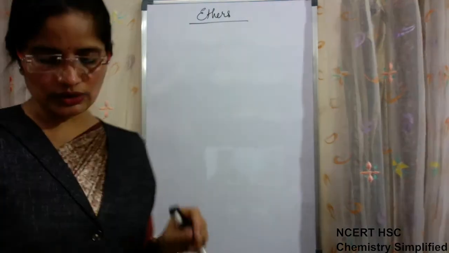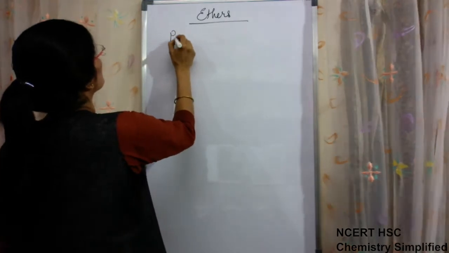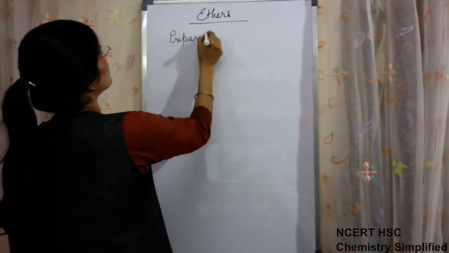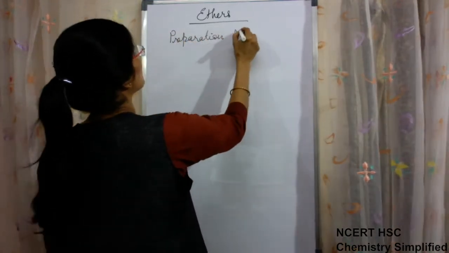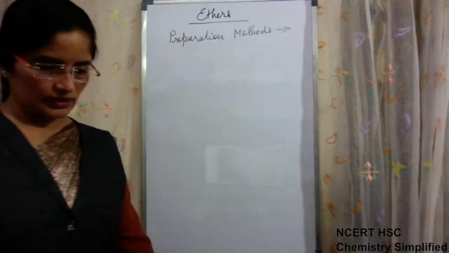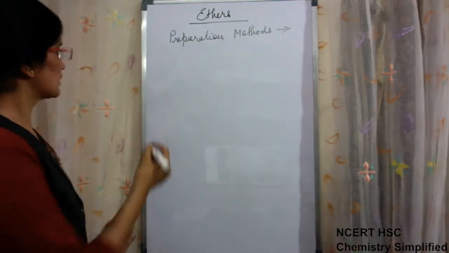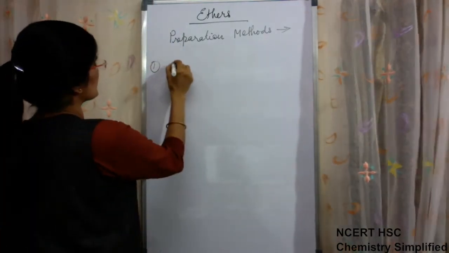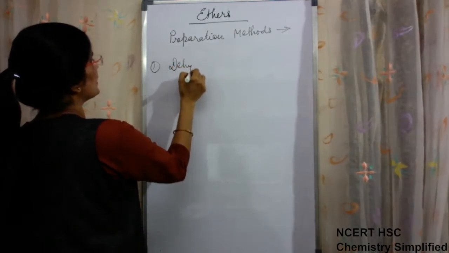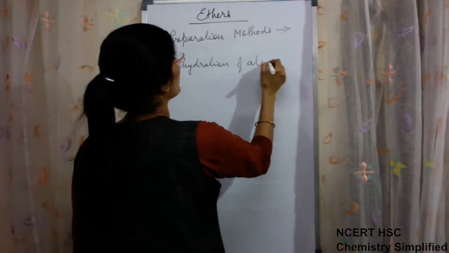Okay. Now the next thing is preparation methods. Okay. So two preparation methods are there for ethers. The first one we are discussing is dehydration of alcohols.